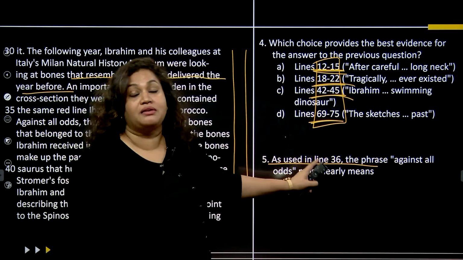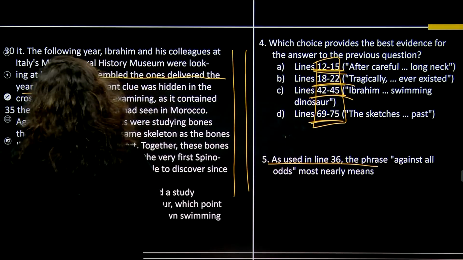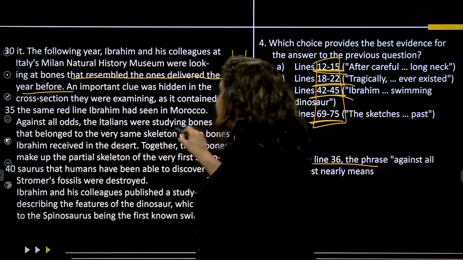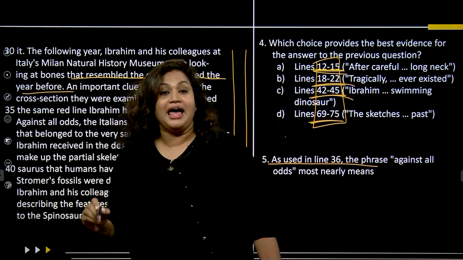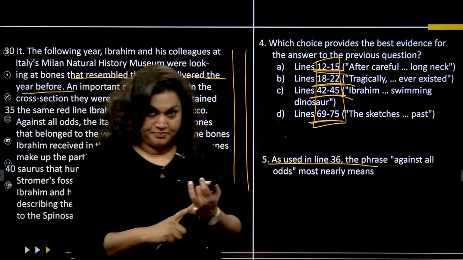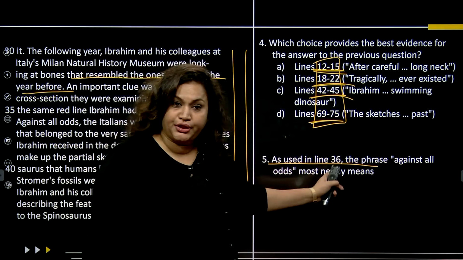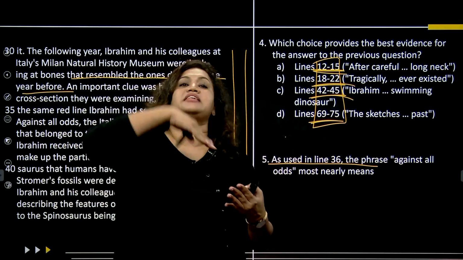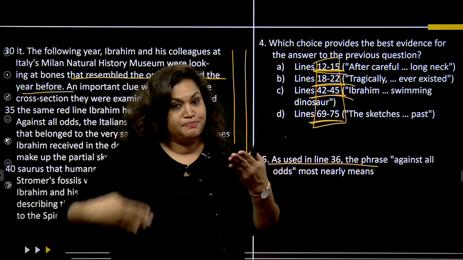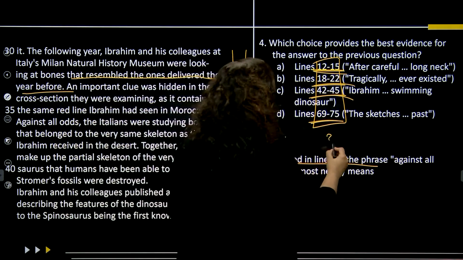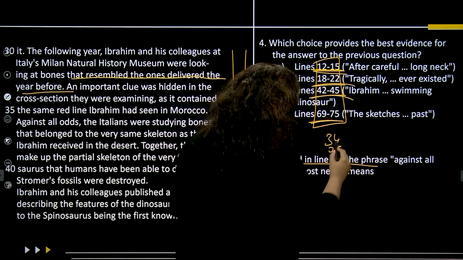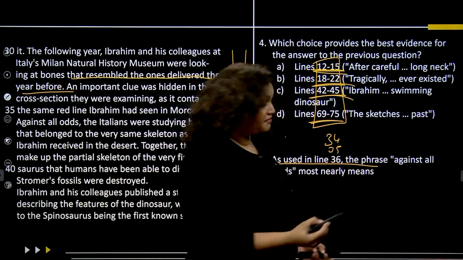Now this talks about line number 36. So we are going to come here, check line number 36, and then read. But whenever you have a line number, make sure to read 2 lines above it and 2 lines below it. So you are going to read line numbers 34 and 35, and 36 is anyway there.